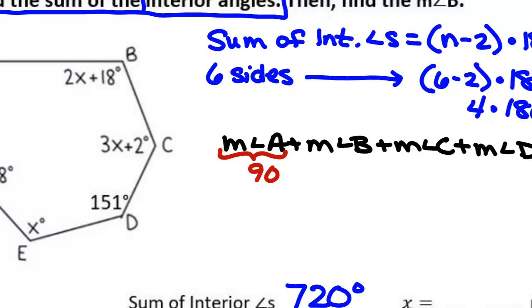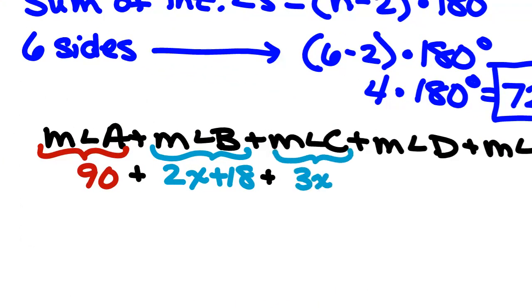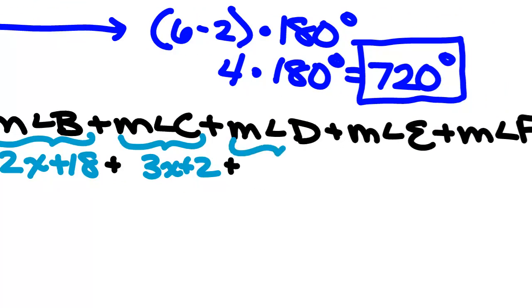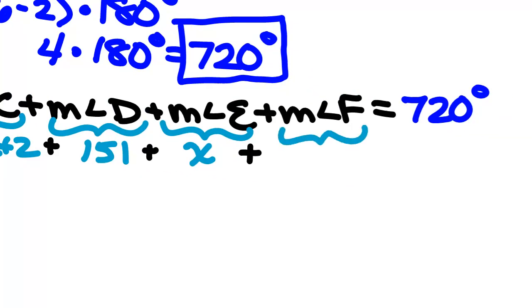So I put 90 in here for the measurement of angle A. Angle B is 2x plus 18. Angle C is 3x plus 2. Angle D is 151 degrees. Angle E is just x degrees. And angle F is 108 degrees. So we add all of those together and set it equal to 720.